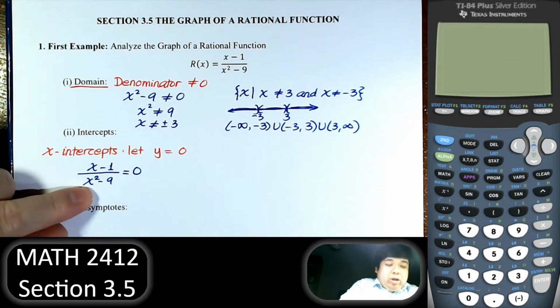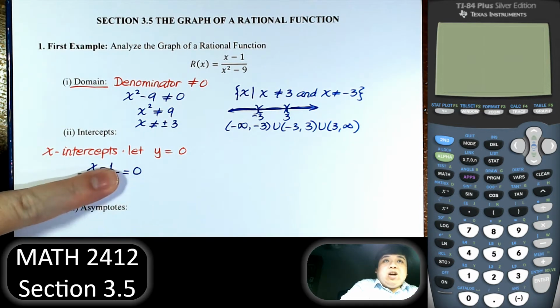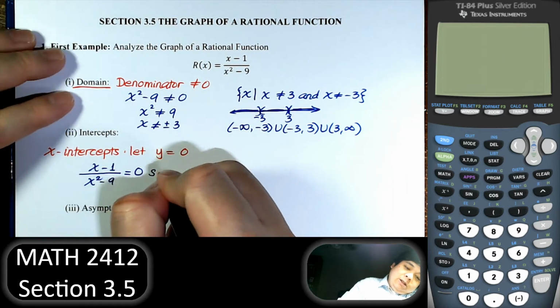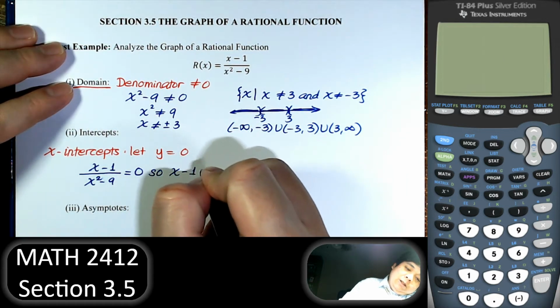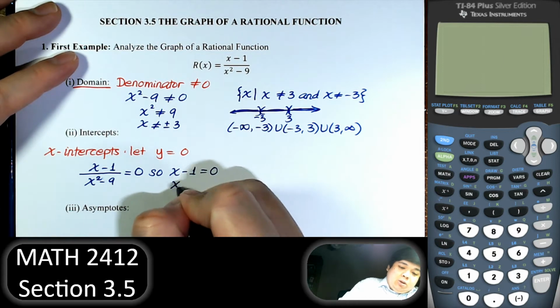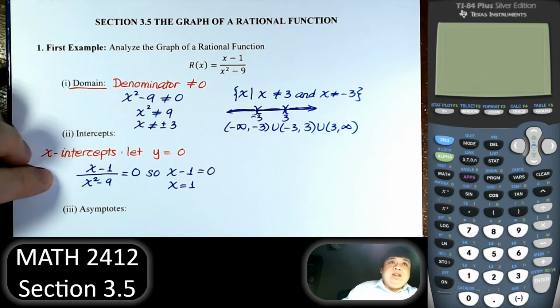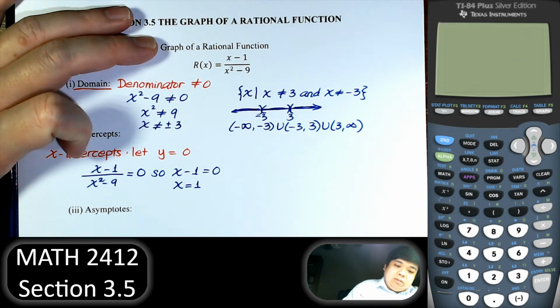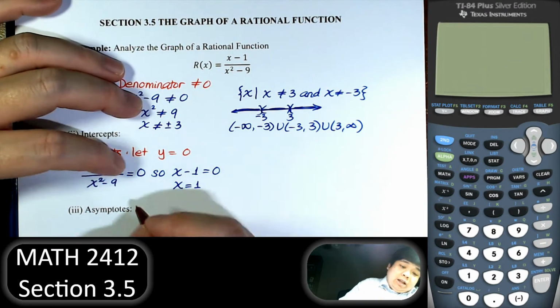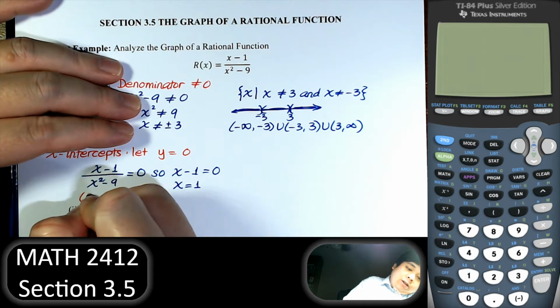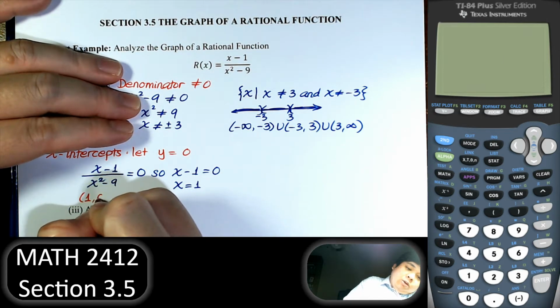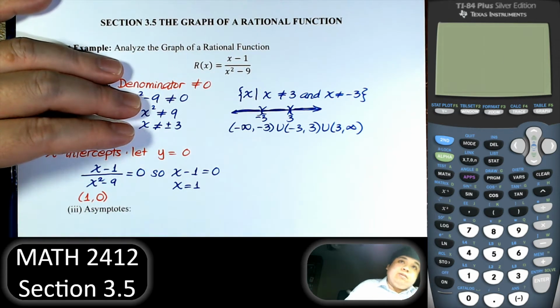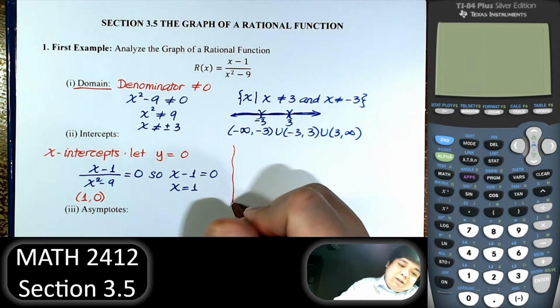This is 0 when the top is equal to 0. So x equal to 1. We let y equal to 0 and solve for x. So we have x equal to 1, y equal to 0. That is the x-intercept.